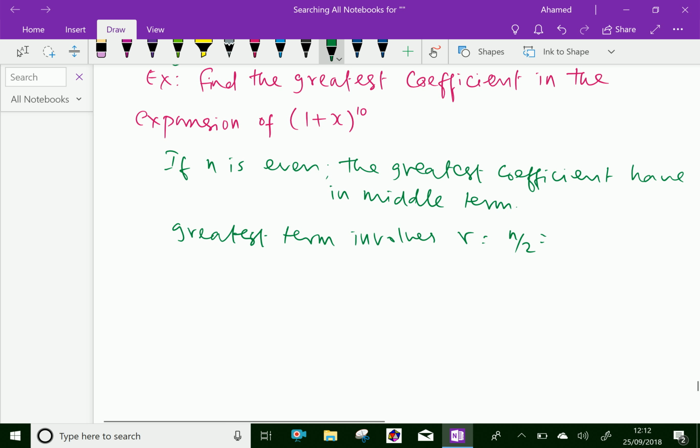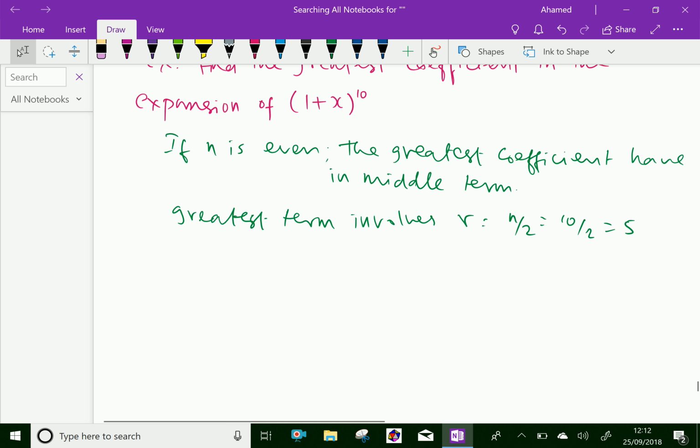Here the power is 10, so n over 2 is 10 by 2, which is equal to 5. So the greatest coefficient is involved in the sixth term, because r equals 5, the greatest term involves the sixth term.